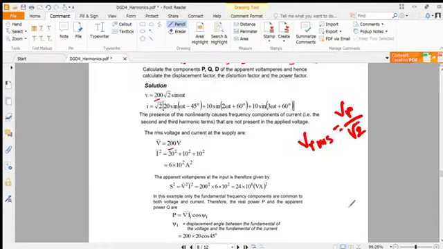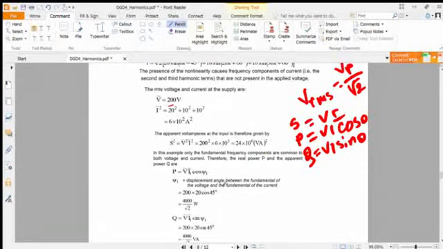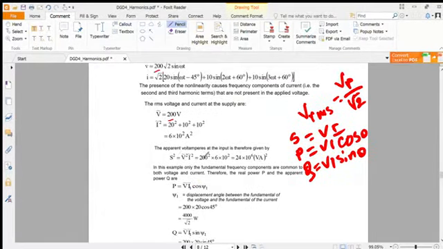Because the apparent power is VI, the real power is VI cos theta, and the reactive power is VI sin theta. We take the square root and we get the volt-ampere value. Here the real power is V I1 cos theta. So why is there I1?